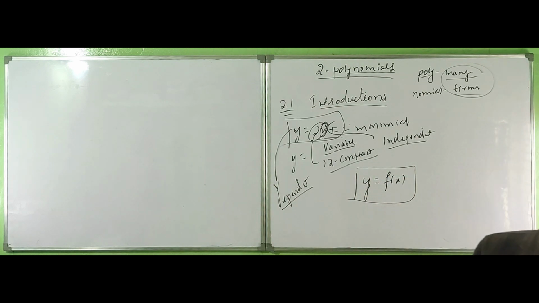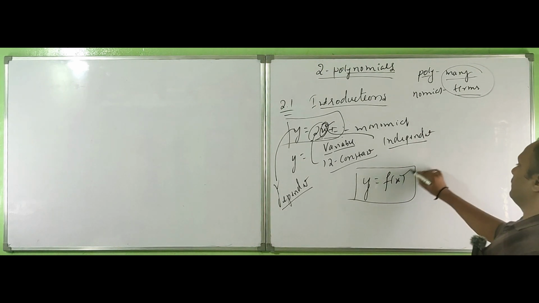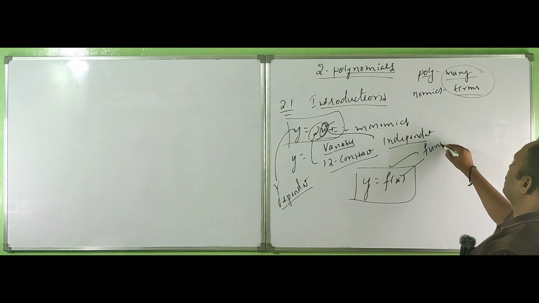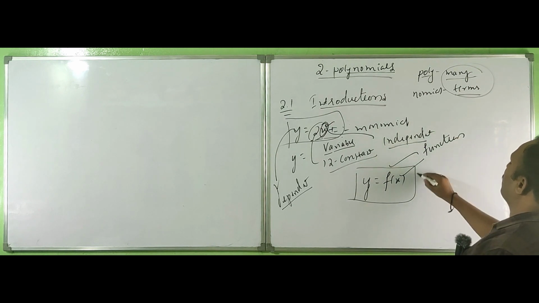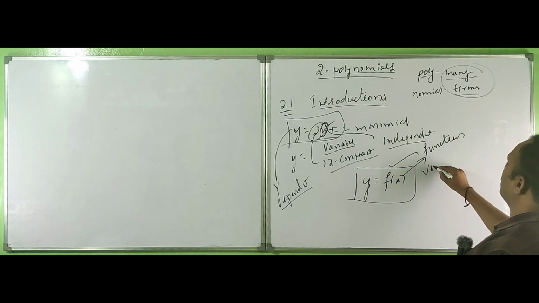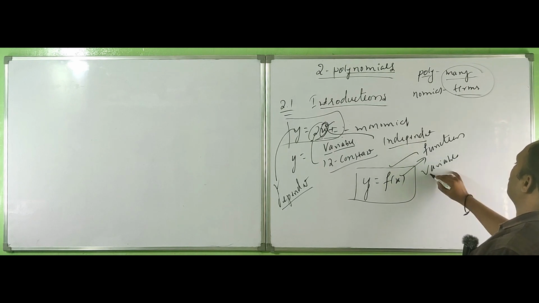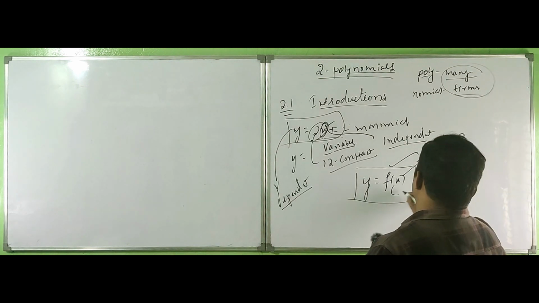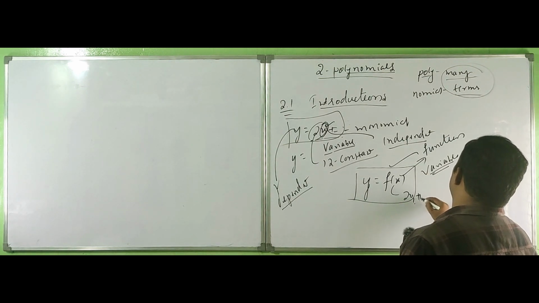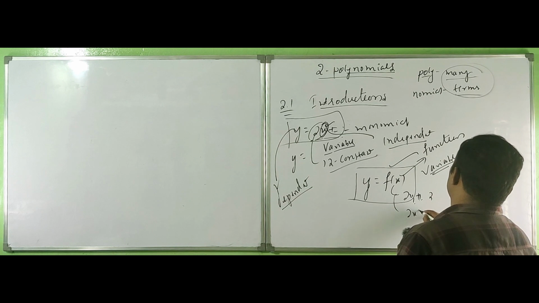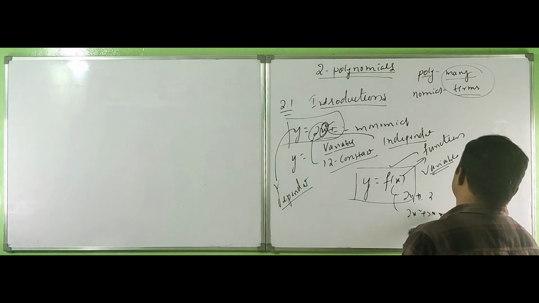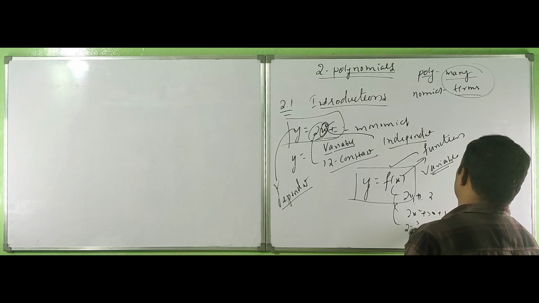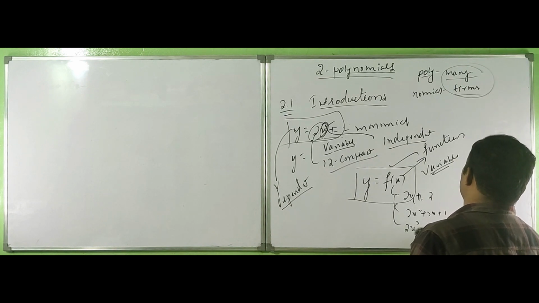Y is the dependent variable, x is the independent variable, and f is the function. What f of x is can be whatever it may be: maybe 2x, or 2x square plus 3, or 3x plus 1, or 2x cube plus x square plus x plus 1, whatever it may be.